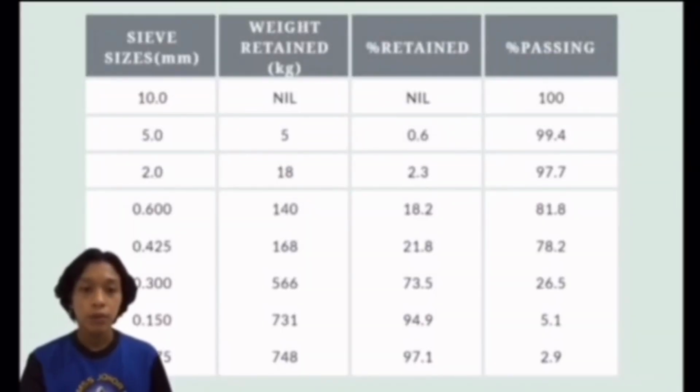Next, we can see in the table that we record after calculating the cumulative retained using the formula. Sieve analysis is proven to be used to separate aggregates by particle size. The number of sizes describes which sieve the aggregate falls through to the next.